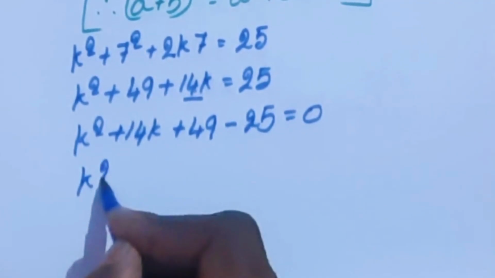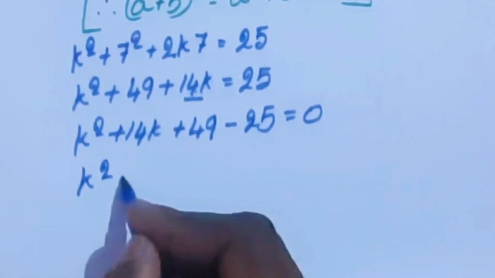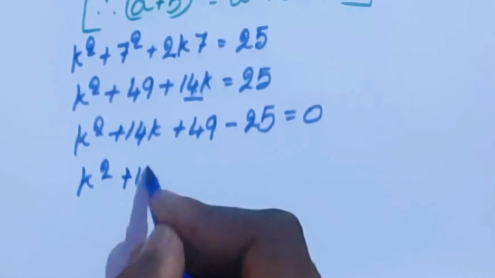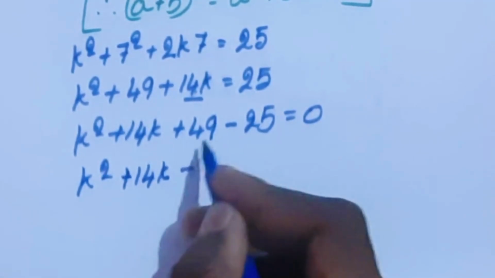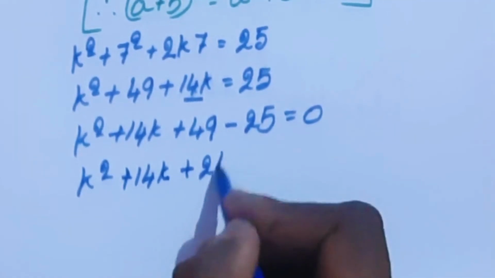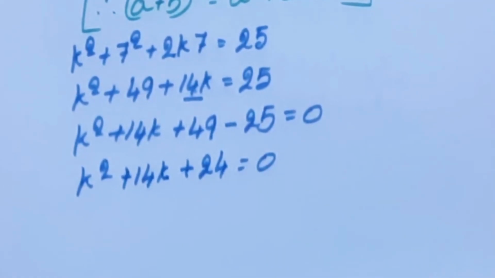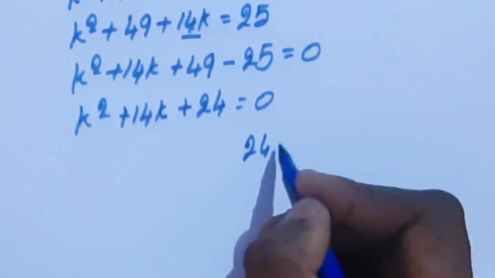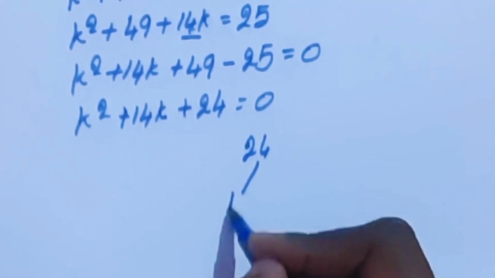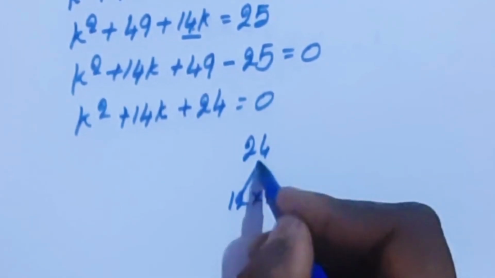Now we have k square plus 14k plus 24 equal to 0. Now here this 24 can be factorized as 12 times 2.